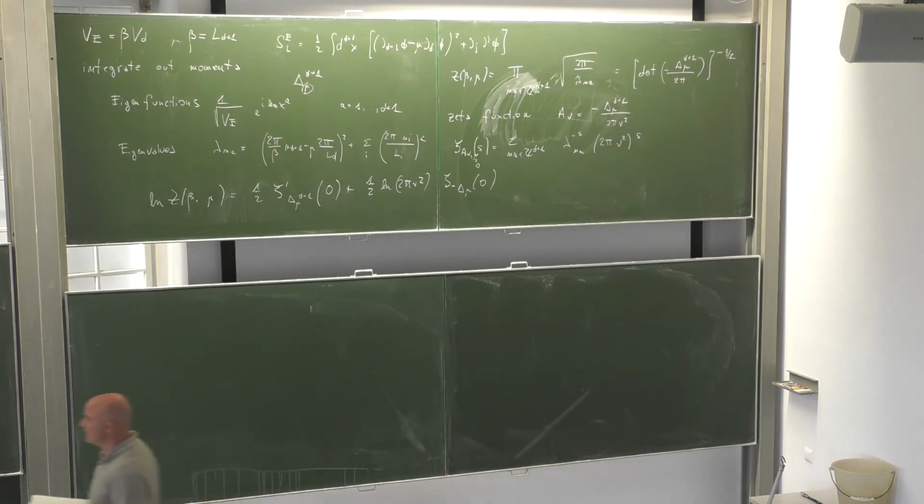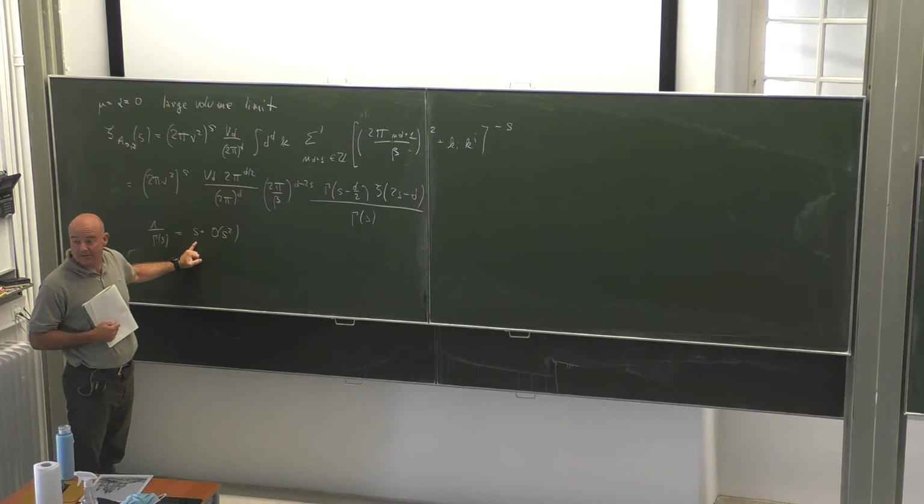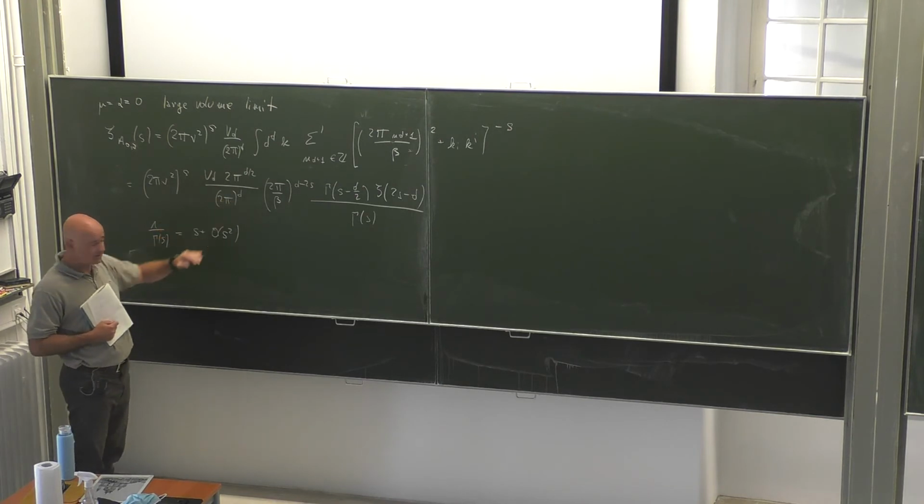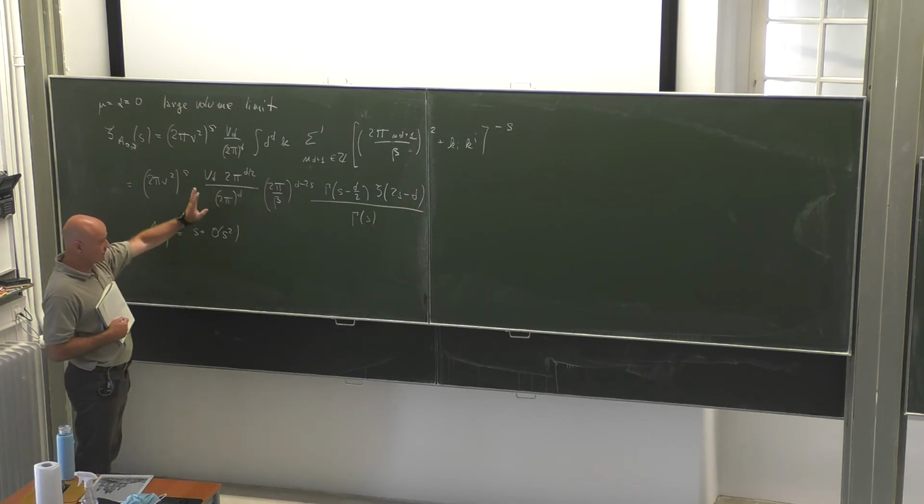Then you check, because of this, at 0 it is 0, and if you compute the derivative, you get this finite result. Okay, the derivative at s equal to 0, you can see that all the others have no problems in s.